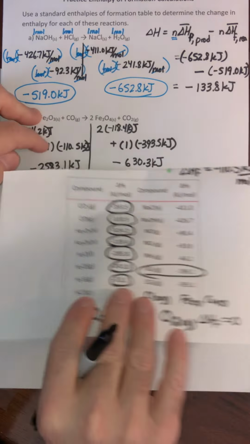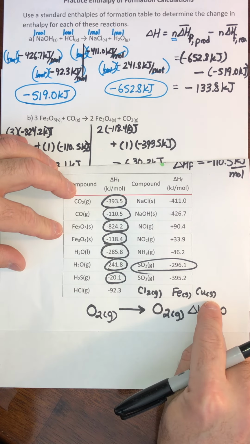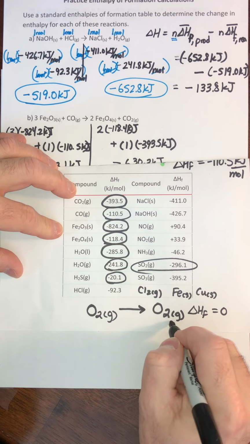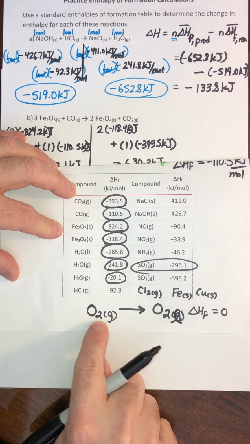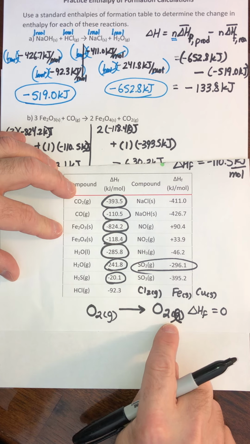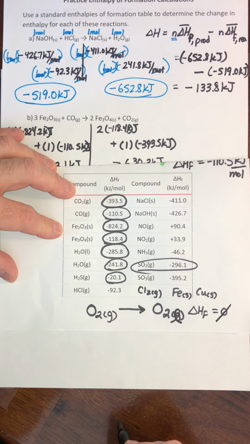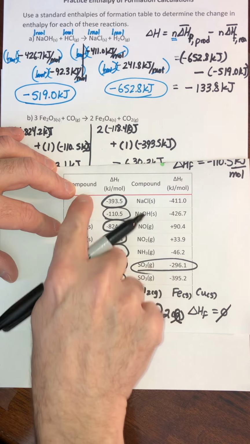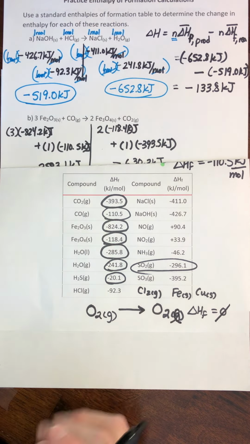Okay. So for the oxygen, this will be 0 kilojoules. Now, I should come back and point out that the state is very important. Because let's say I wanted to make O2 liquid. If you're going from O2 gas to O2 liquid, that actually is a change. So your delta H of formation would not be 0, right? So if you have things in your table that are unusual, like you've got iron, but it's a liquid.